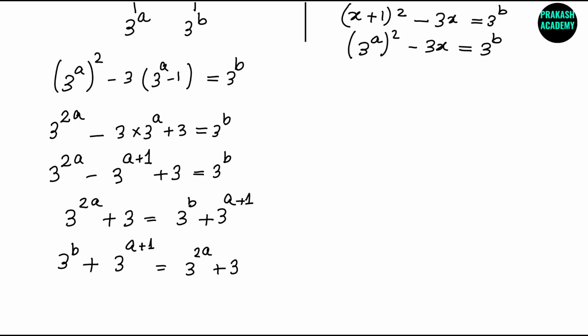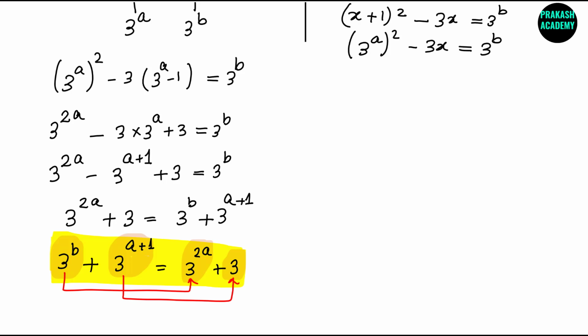Now let us analyze this expression. This is important in this case. You have 3 raised to the power b, and then plus some number, that is 3 raised to the power a plus 1, and then you have 3 raised to the power 2a plus 3. So if you are taking 3 raised to the power and then summing, this is possible only if there are two possibilities. This is equal to this and this is equal to this.